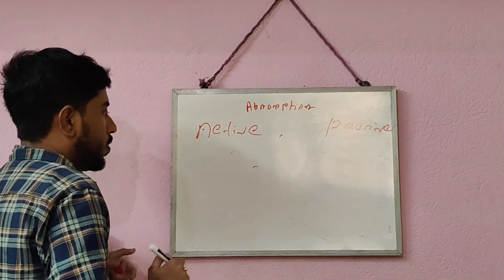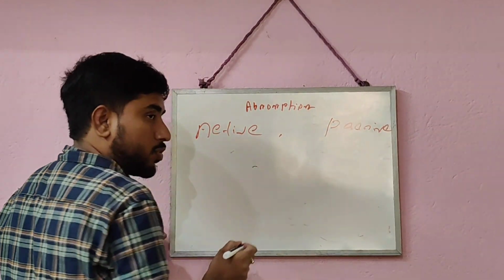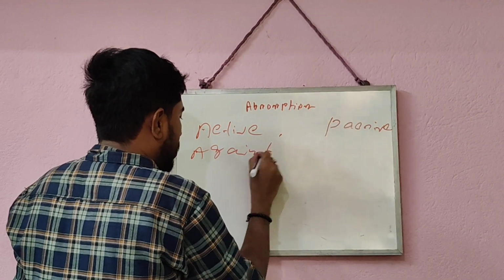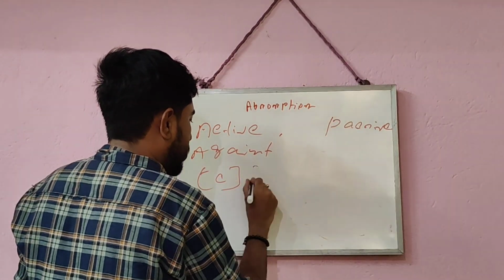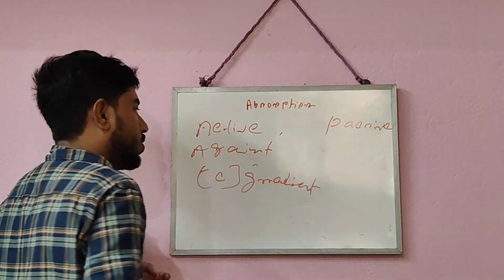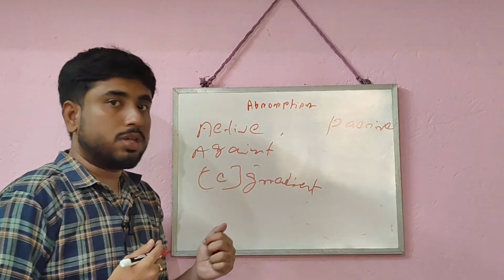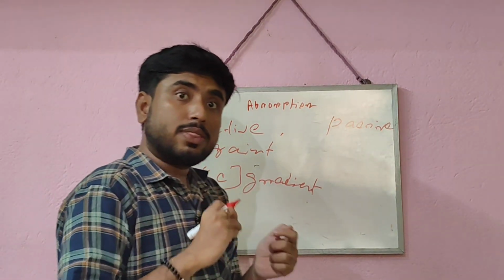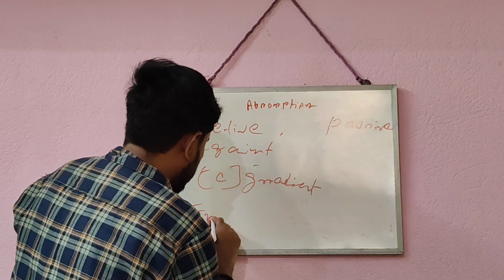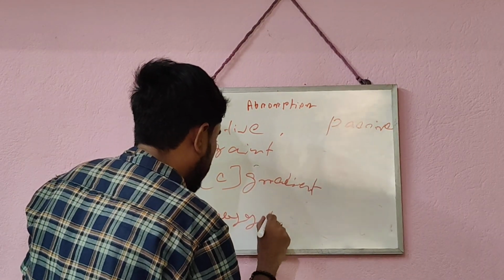In active, the drug is generally absorbed against the concentration gradient. To drive the drug, or to absorb the drug against the concentration gradient, we have to put in extra energy from outside. So we need high energy for the drug absorption.